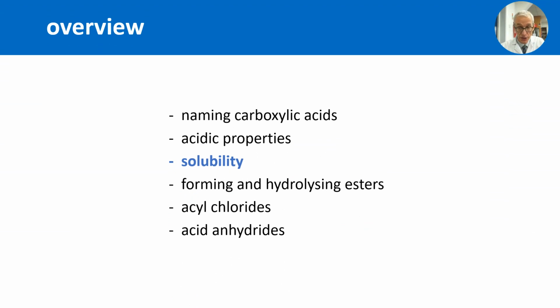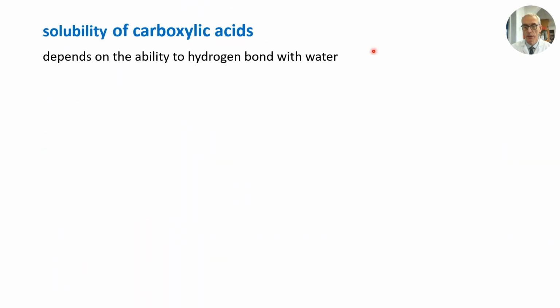An explanation of the solubility of the carboxylic acids. The solubility of carboxylic acids depends on the ability to hydrogen bond with water. So if we look at a generalized carboxylic acid structure, I've put in bond polarities across the carbonyl group and marked in lone pairs of electrons on the oxygen of the carbonyl.